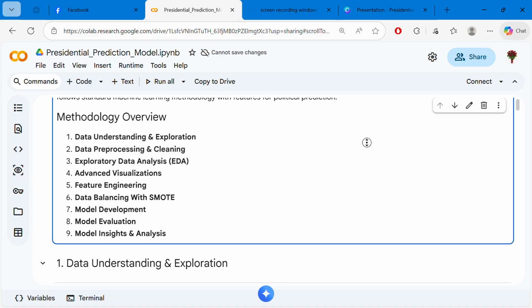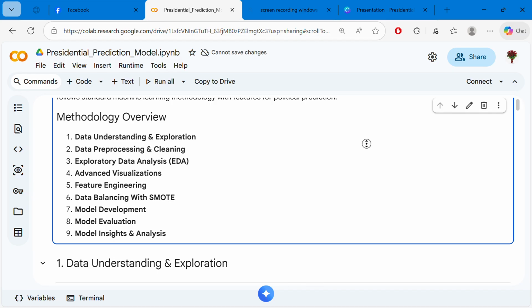As someone presented, we had 9 activities: number 1, data understanding and exploration; number 2, data preprocessing and cleaning; number 3, EDA, that is exploratory data analysis; number 4, advanced visualization, where we visualize all the visuals; number 5, feature engineering, choosing the important features; number 6, data balancing, since one class was more dominant and the others were just minorities, so we had to balance the data; number 7, model development, and then we evaluate the model and get the analysis and the insights.